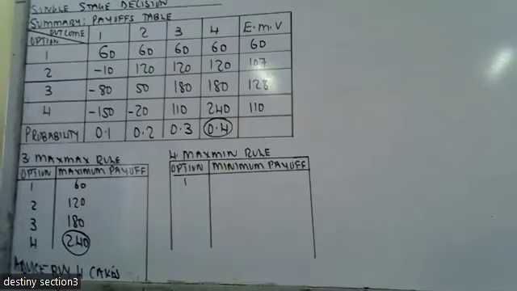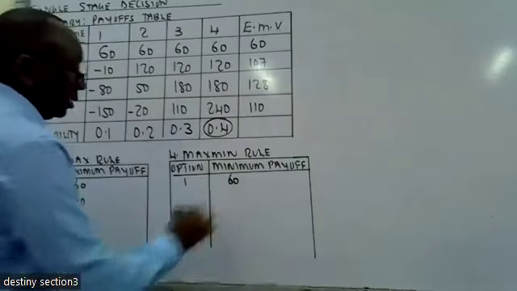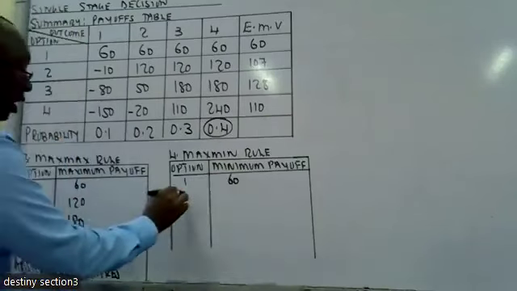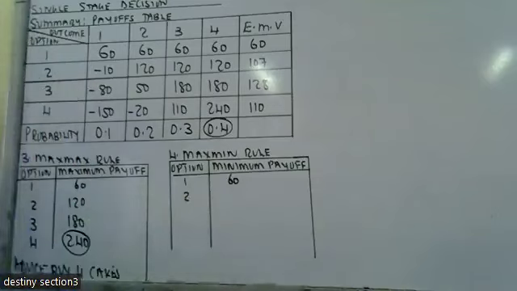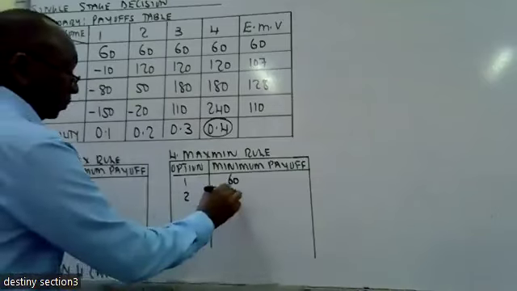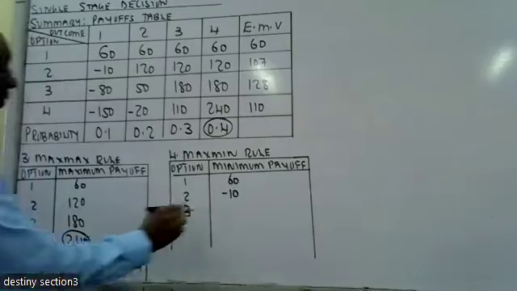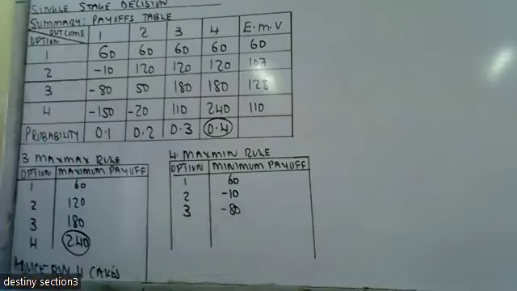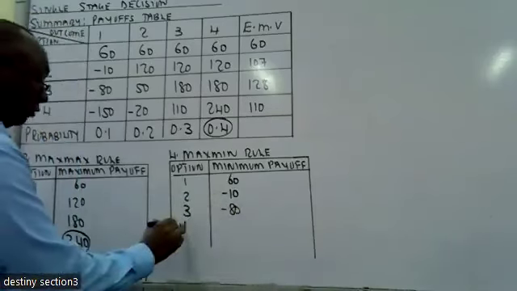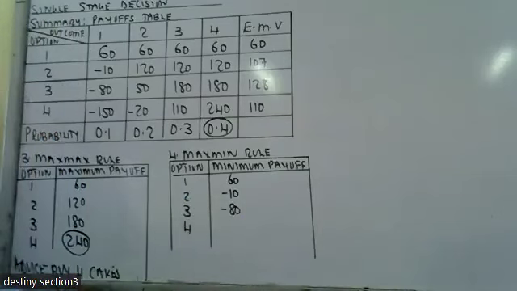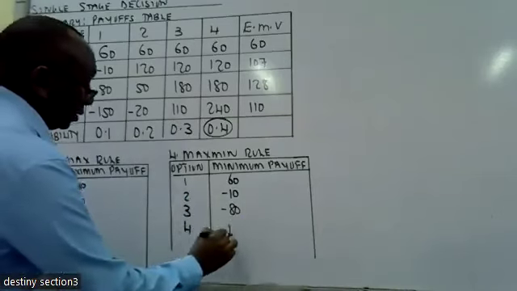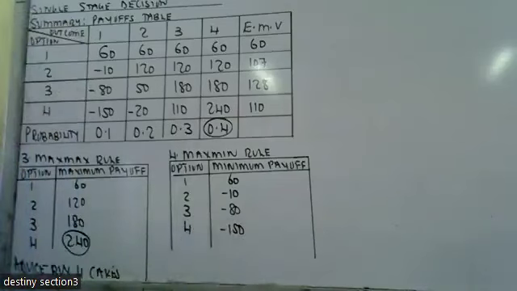So, 1, kibiria for 1, the minimum is what? 60. When you go to 2, the minimum is minus 10. When you go to 3, the minimum is minus 80. When you go to 4, the minimum is minus 150.